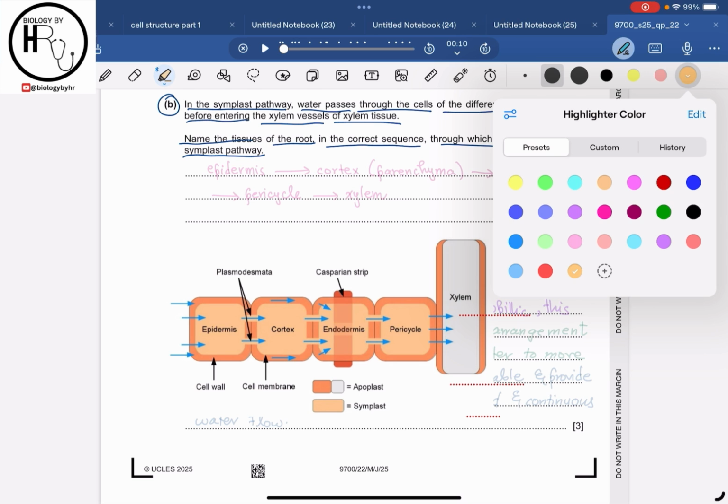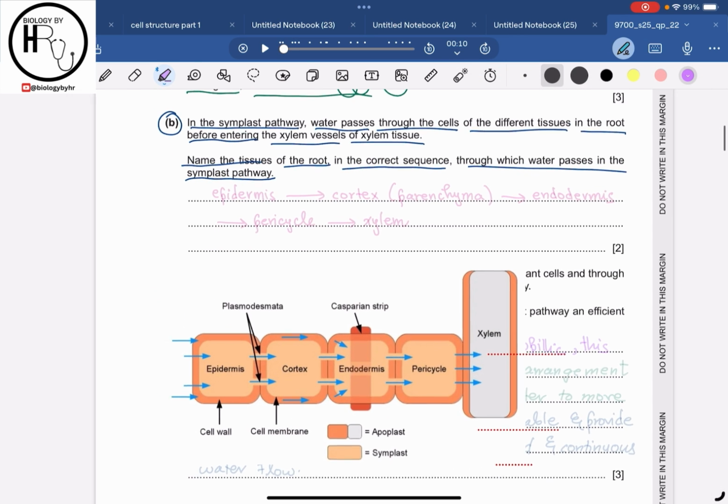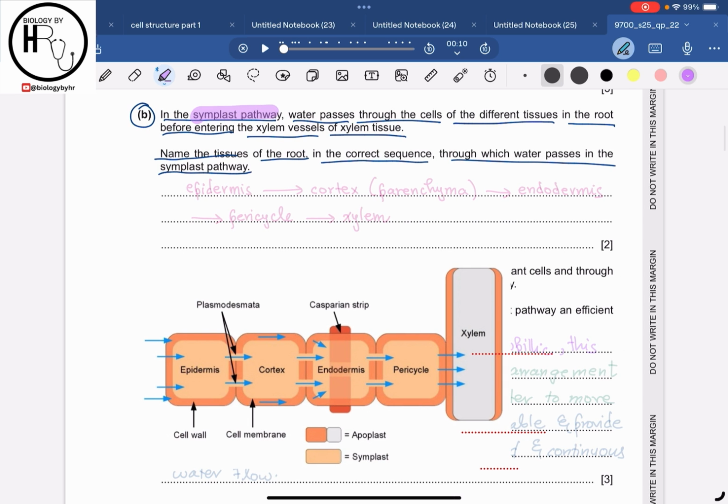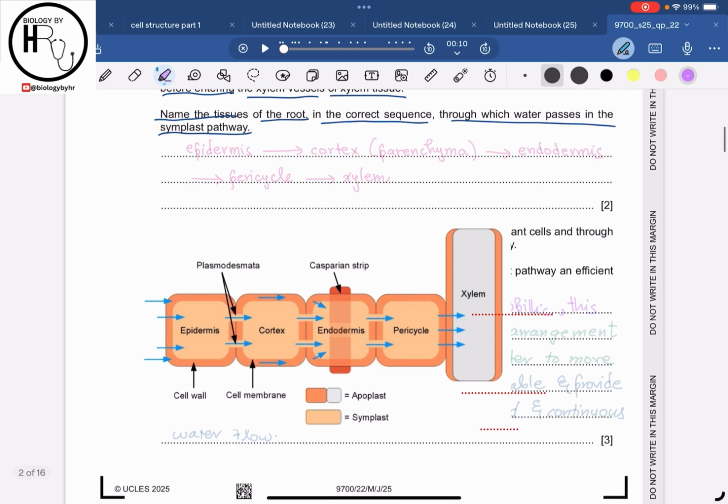Now I would recommend you all to see this diagram to understand the question further. So they are asking us about the symplast pathway. What is the symplast pathway over here? The water enters the epidermis, right? The root hair cell epidermis cells, and then it moves from the root hair cells to the cortex cells, and then from the cortex they move to the endodermis cells, and from the endodermis layer of the cells they move to the pericycle.